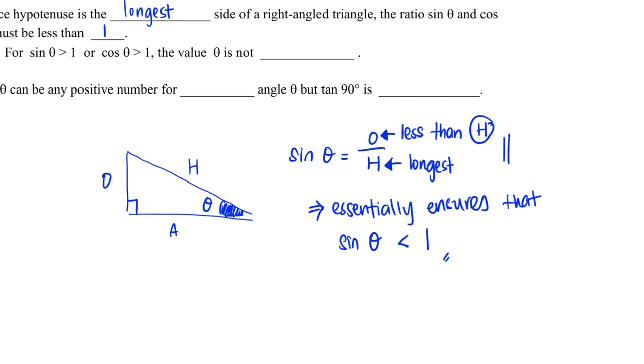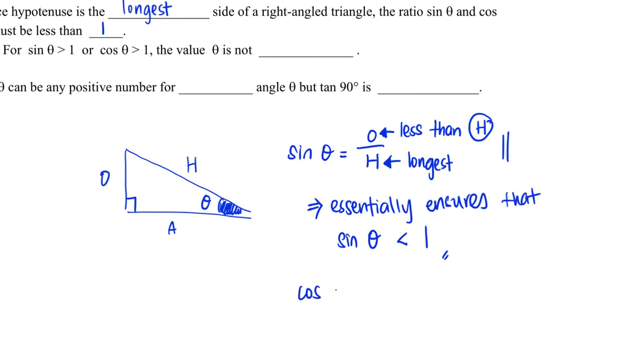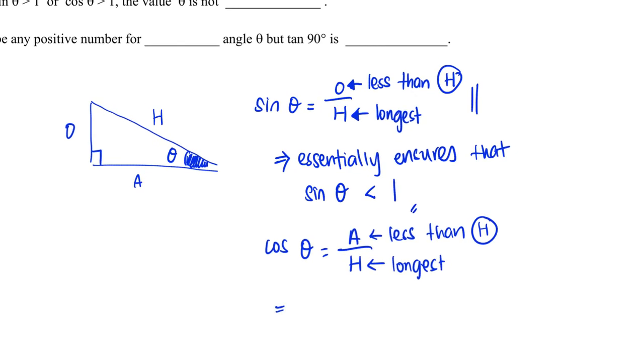Using the same argument for cosine, which is A over H, again H is the longest, so A has to be less than H. This again ensures that the cosine ratio is always less than 1.